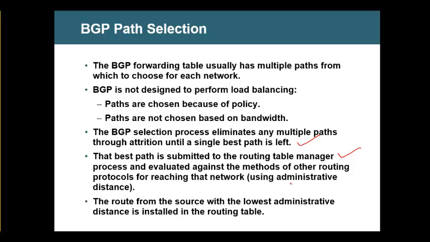If the administrative distance of the giver is lower, and if it is BGP the one which is giving, then the BGP route will be seen. Otherwise, the other protocol, if it is OSPF, the OSPF route will be seen. Next, the route from the source with the lowest administrative distance is what is going to be installed into the routing table.